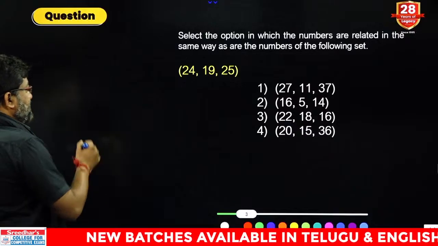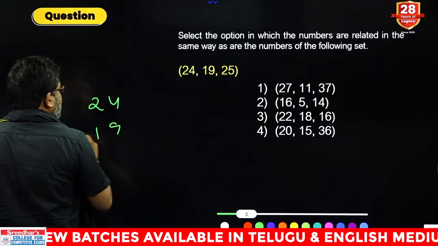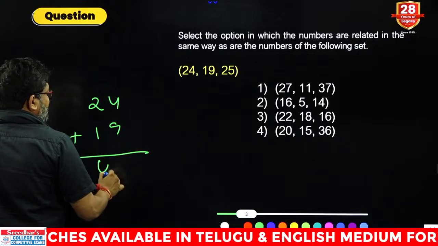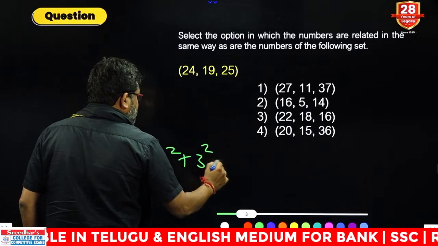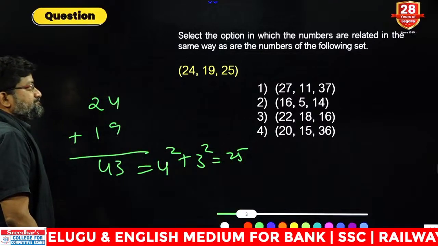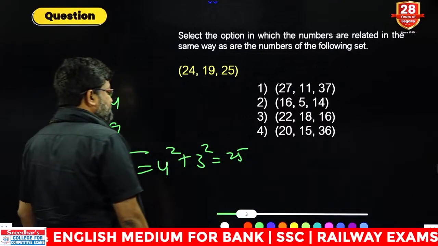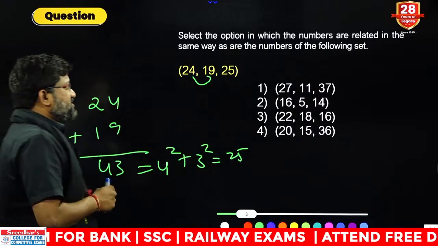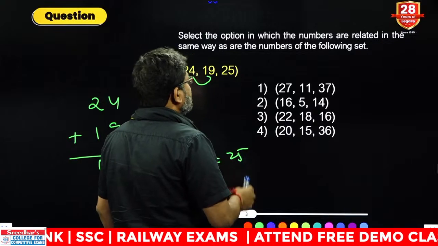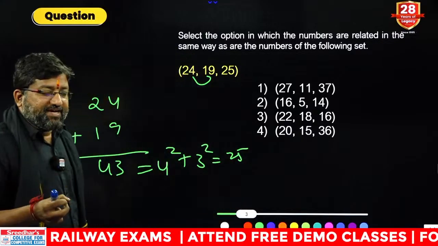So what is happening here, this is 24 plus 19. How much do I get? I get 43. So what am I trying to do here is 4 square plus 3 square, 16 plus 9 is 25. Sum of squares of the digits. But what's the question? Select the option in which the numbers are related in the same way.